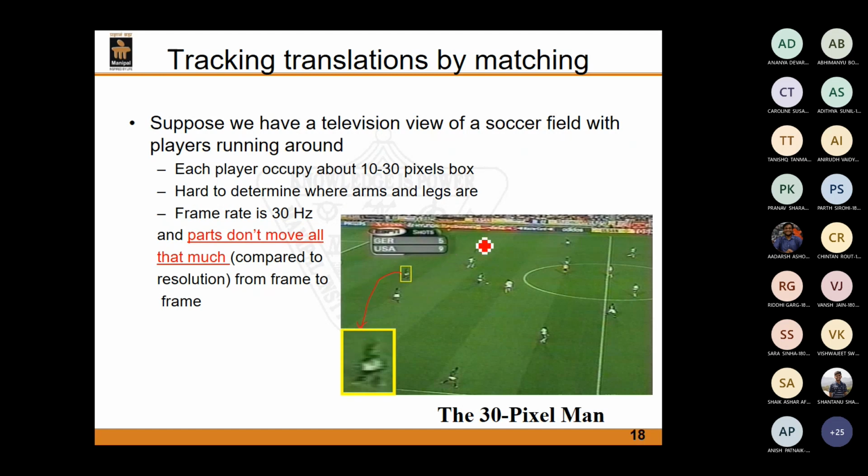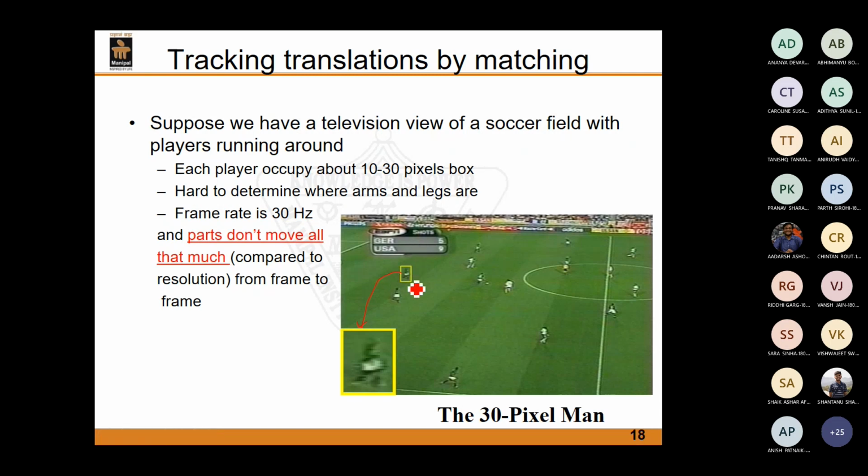So here, let us assume that we want to track this particular person who's playing, right? Now, this is called a bounding box, which is just bounding this particular object. In this case, it's a person, right?